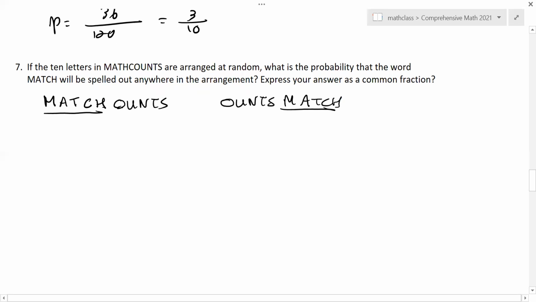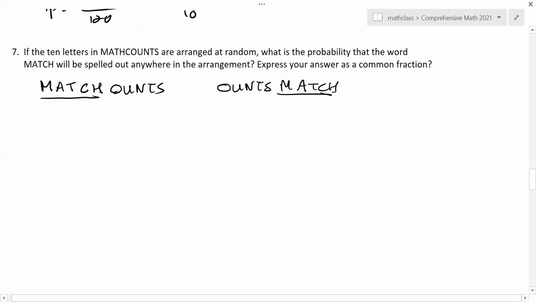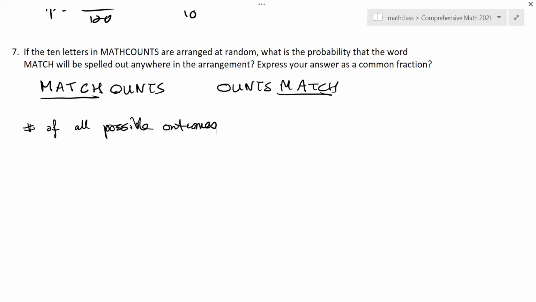Right, so step 1, you figure out the number of all possible outcomes. This is a counting technique.